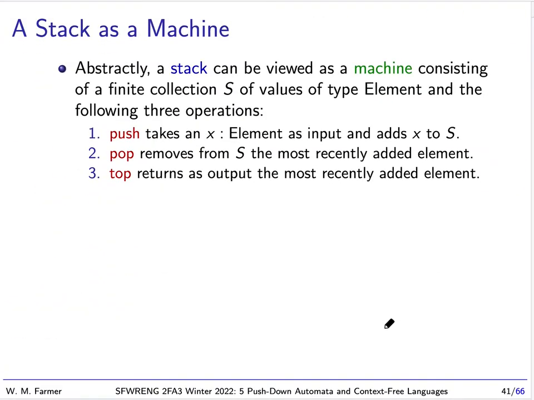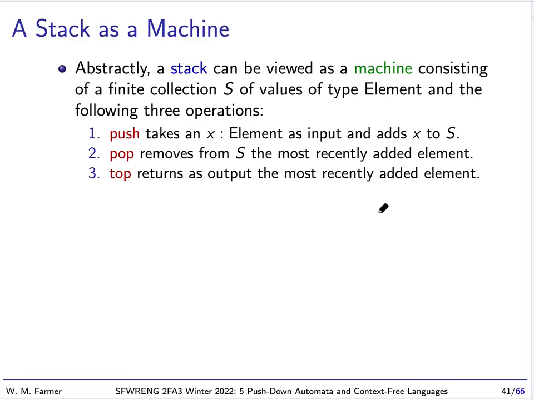Now we can also think of a stack as a machine. It consists of a finite collection of values of type element, and there's three options. The first option is we take an element and we add it to the stack. That's push.